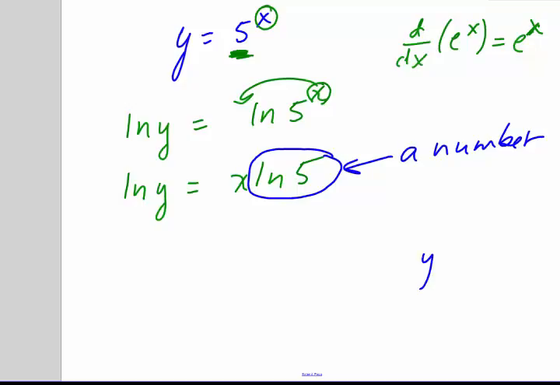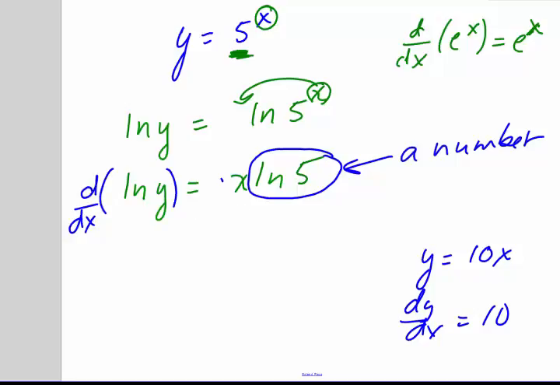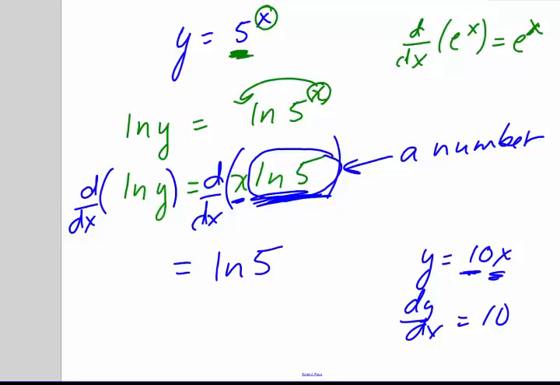So for instance, if I asked you to derive 10x, you would tell me that dy dx is 10. In the same way, if I asked you to derive x ln 5, this is your number times x, just like this was 10 times x. The derivative is just going to be the number in front of x, ln 5.